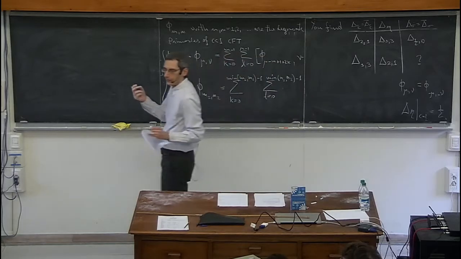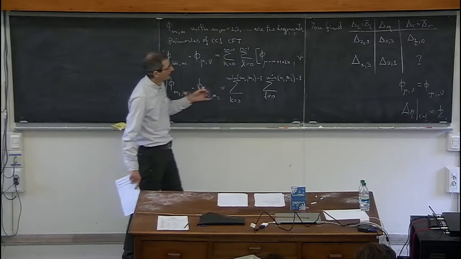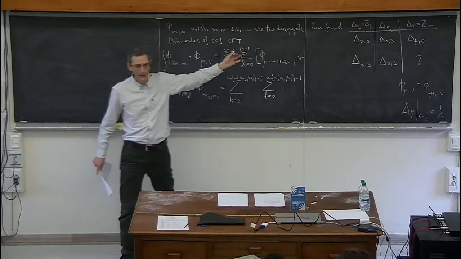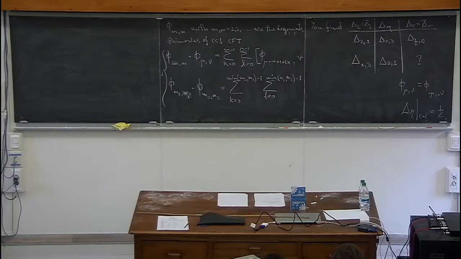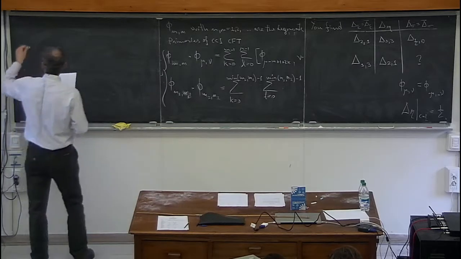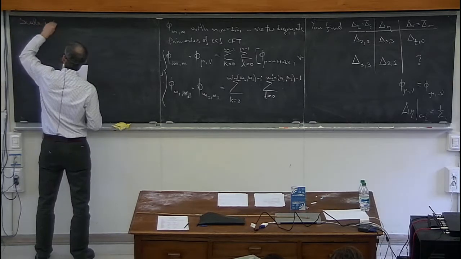So what we want to do now is to deal with the particle description for a case where we are at criticality, so in a scale invariant situation. So we have to figure out what the meaning of a scale invariant scattering is.